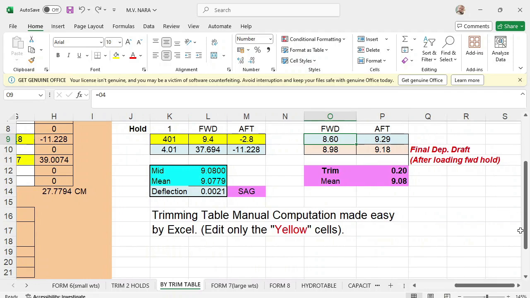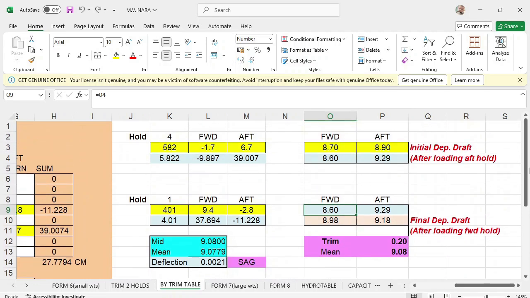And another solution for the trim table, you want to load first in hold number 4 with 582, and you have already adjusted your correction forward and up. Once you have loaded hold number 4, this will be your forward drop of 8.60, up drop of 9.29.